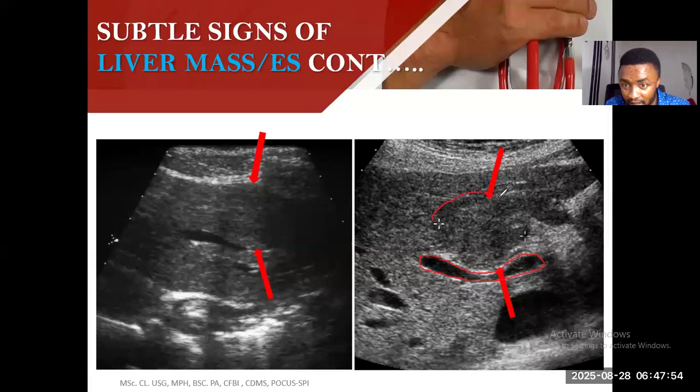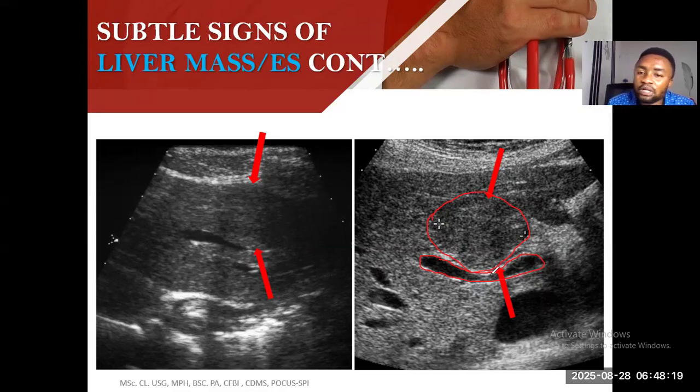There is a mass, a very clear mass, but it's a subtle lesion. If you don't check it well, you will not know it's a mass. The mass is the one pushing and curving the tubular structure. That's a subtle mass. You have to focus very well and know that this is a mass.